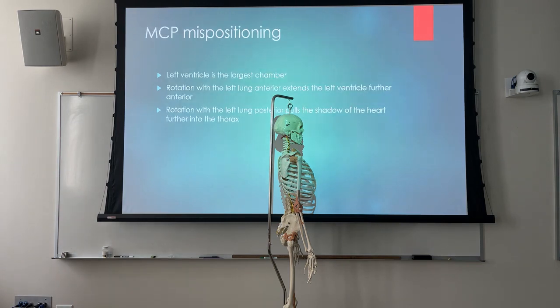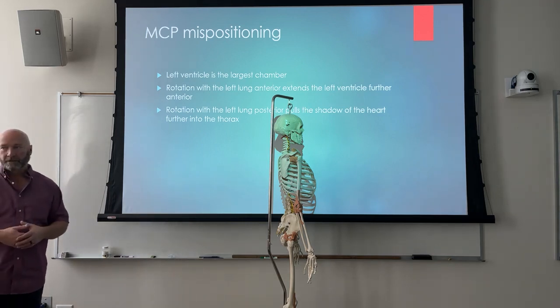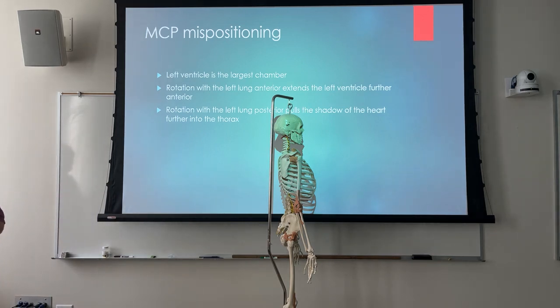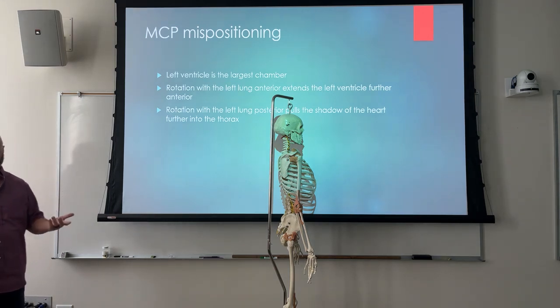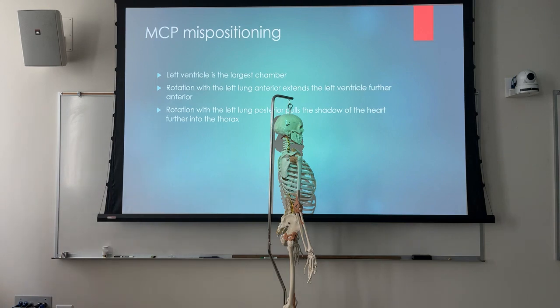So we'll talk about that and take a look at that here in a bit. All right, so in your textbook, it says you can look at the shadow of the heart to determine rotation. Full disclosure, I have a hard time with that. So again, what we're gonna talk mainly about is the gastric bubble, okay?